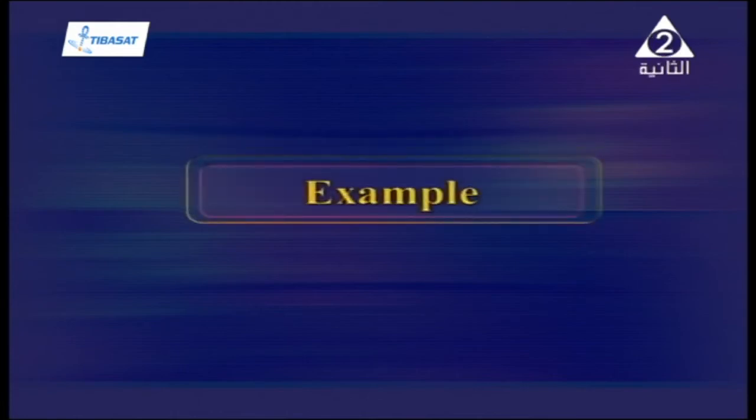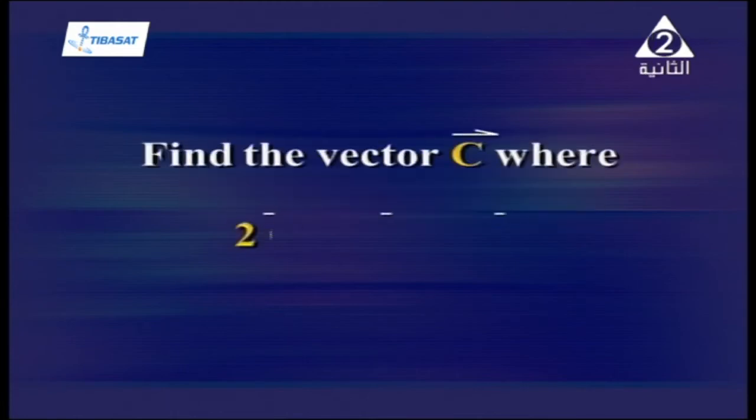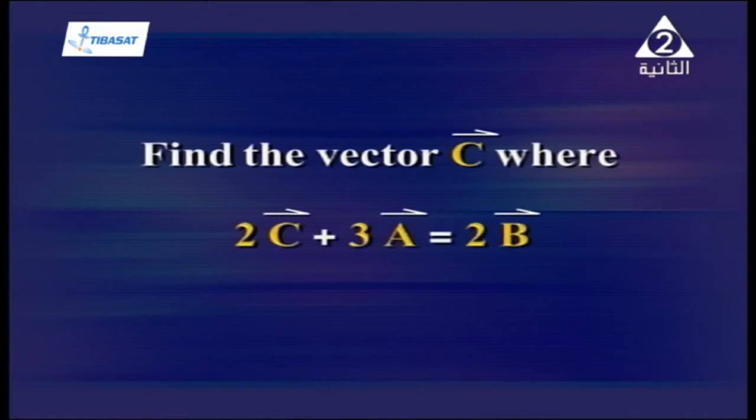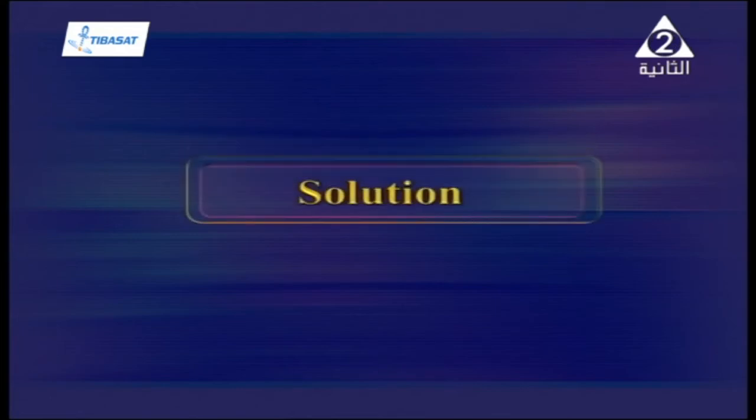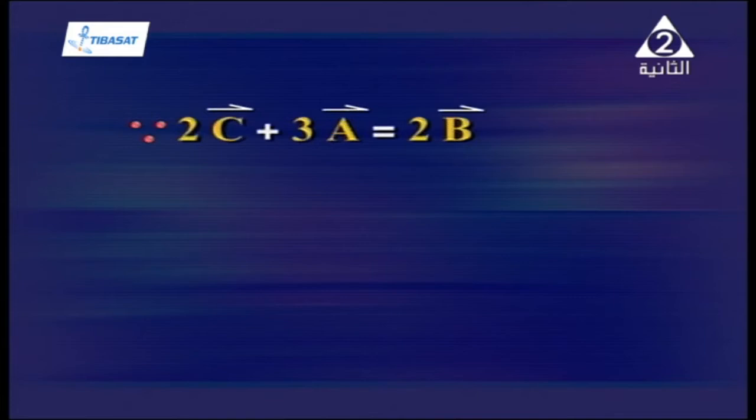Now we translate to an important example. Find the vector C where 2C vector equals 3A vector plus 2B vector. My dear student, in this case, look at the solution. 2C vector plus 3A vector equals 2B vector.